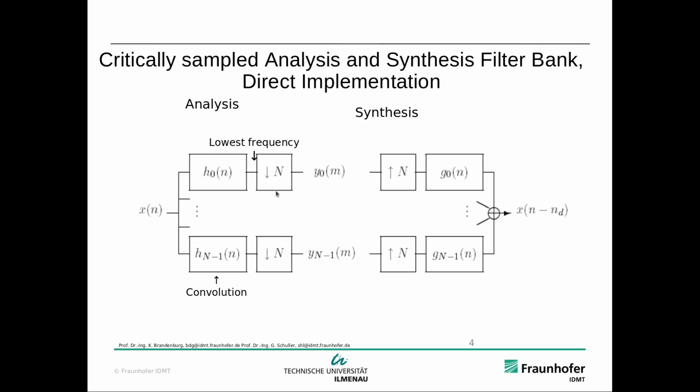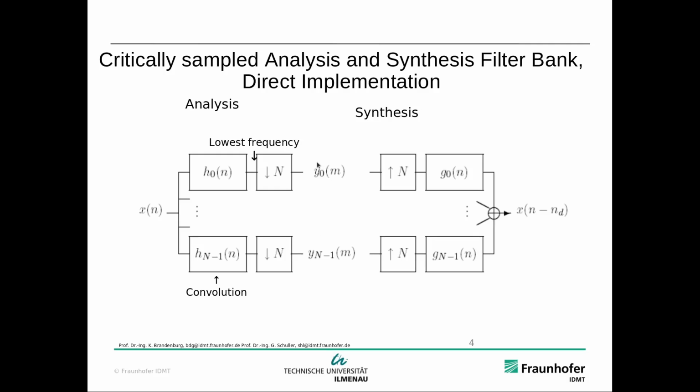Here, capital N, right? And if we have capital N filters and we downsample with the same factor, that means we have the same total number of samples. So here we have capital N subbands, but each of those subbands only has 1/N of the sampling rate. And that means if we sum up all those samples, we get the same total sampling rate.